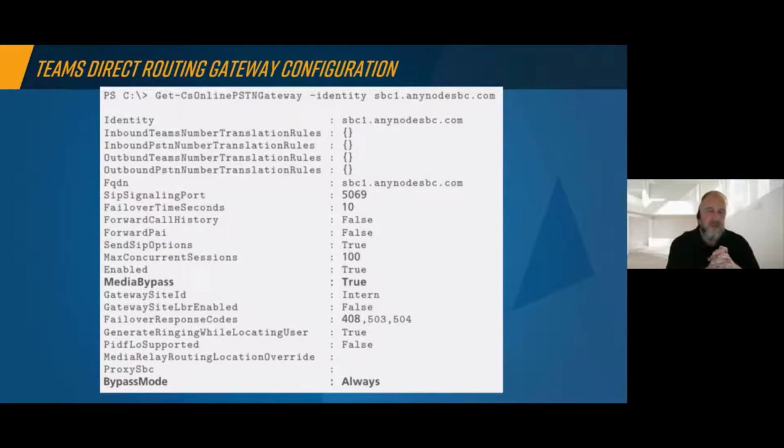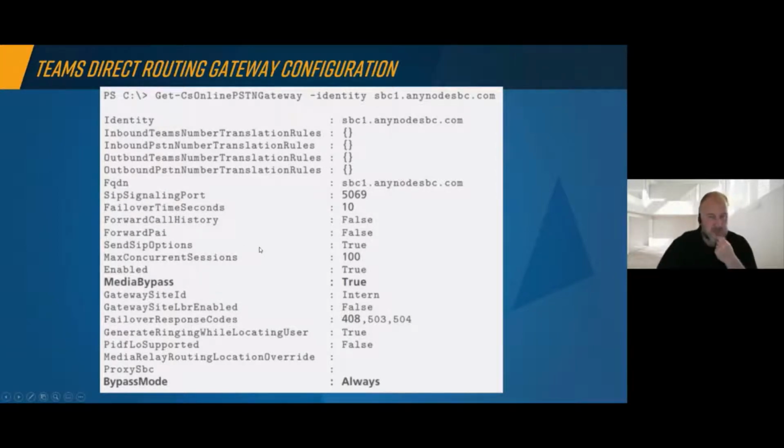On the primary SBC, which is the proxy SBC in the Microsoft terminology, you of course have to activate the media bypass, and on top of that, for the local media optimization, you have the bypass mode, which can be always on, or which can be for local users only.